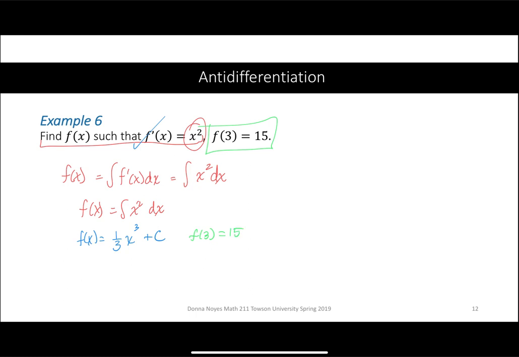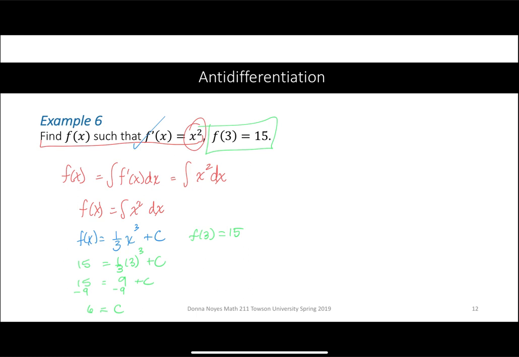So we can plug in 15 for f of x, and we can plug in 3 for x, and the only thing we don't know in that case is c. Well, 3 cubed is 27, and 27 divided by 3 is 9. And then when we subtract the 9 to the other side, we find out that c is equal to 6.